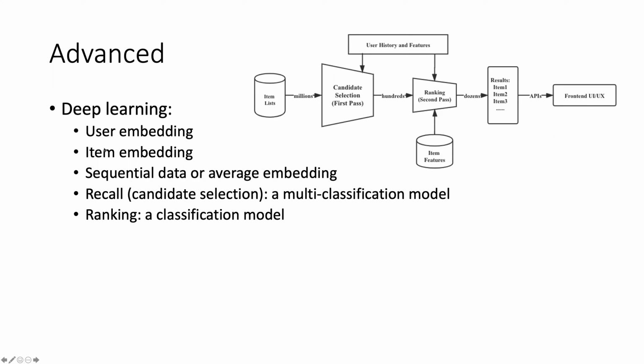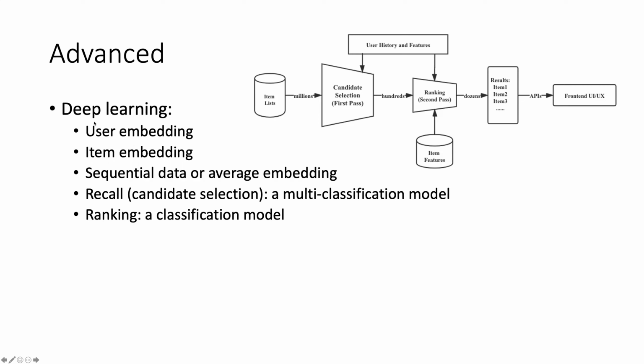So why are user embedding and item embedding important here? Because for a user or for an item, we want to use embedding to generate the feature, and the feature will be in this way. It's like a vector for a user, and a vector for each item.